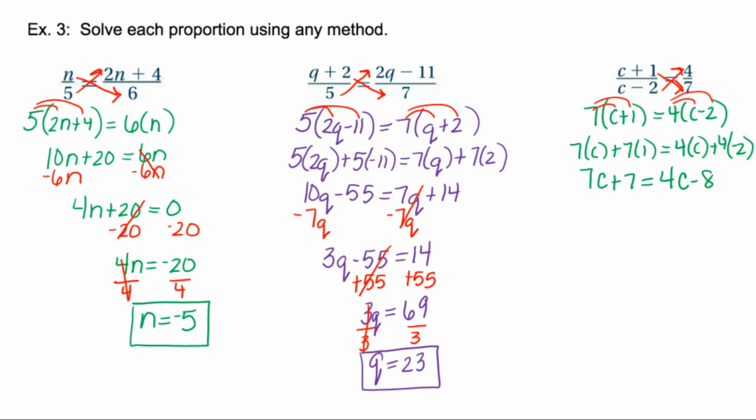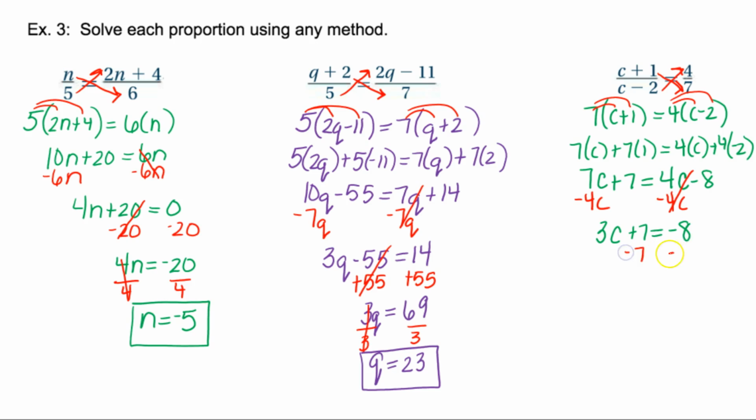And at this point, I've just simply done my cross products and distributed. Now I need to work on solving, which means I need my variable all on one side. So I'm going to subtract 4C from both sides. So 3C plus 7 equals negative 8.